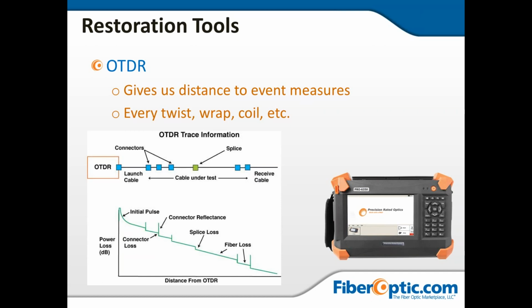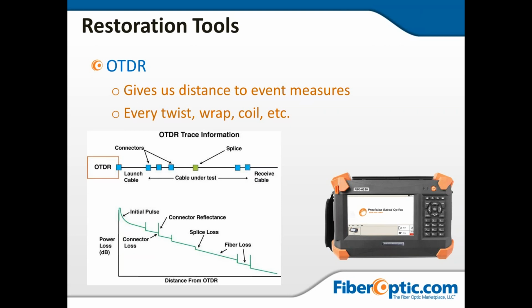So you'll see that connectors are represented as a spike down on the OTDR trace, which is measuring signal strength over distance. So the distances should line up relatively similar to the cable up at the top, but the way that the event looks will be depicted differently.